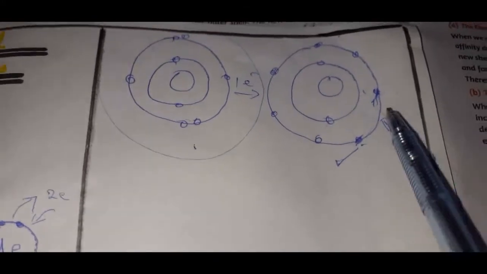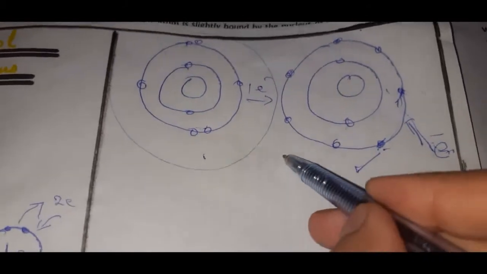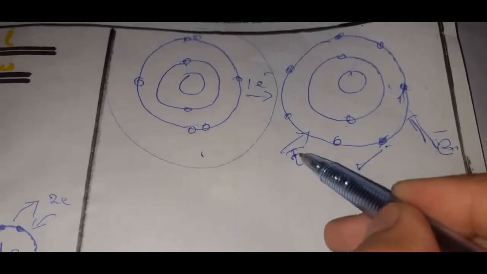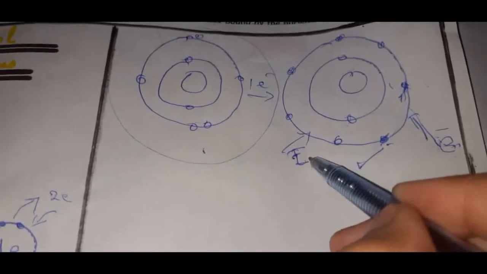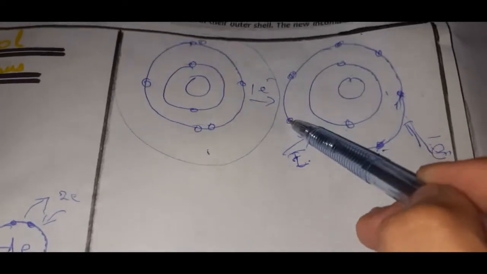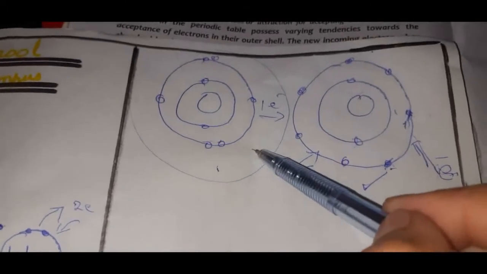This means that now it will absorb energy. Now it will need energy with the income of an electron. Why does it need the energy? That is because of the presence of more electrons than before, right?